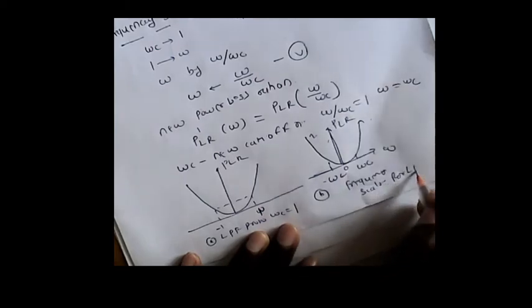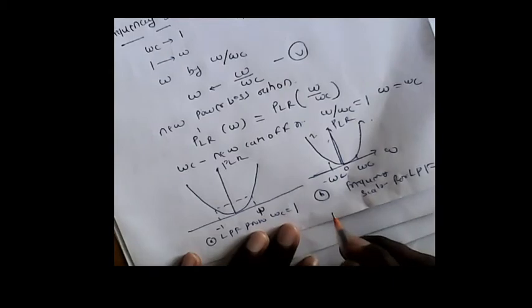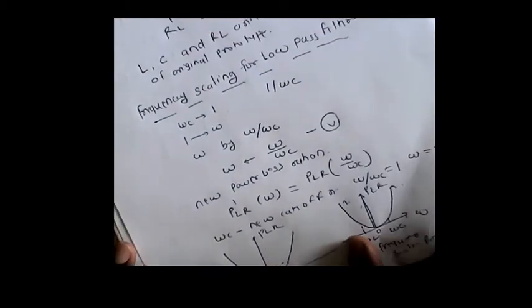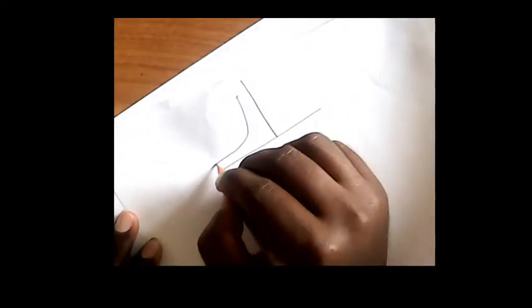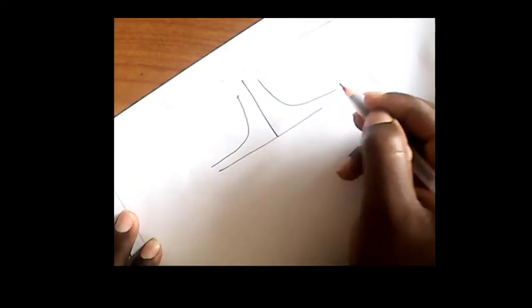This is for the LPF, low pass response. And when we draw the high pass frequency conversion, when we convert a low pass filter into high pass, the high pass frequency response looks like this.